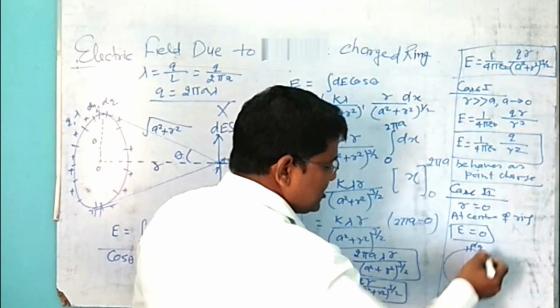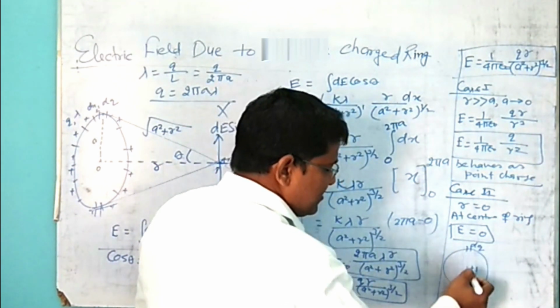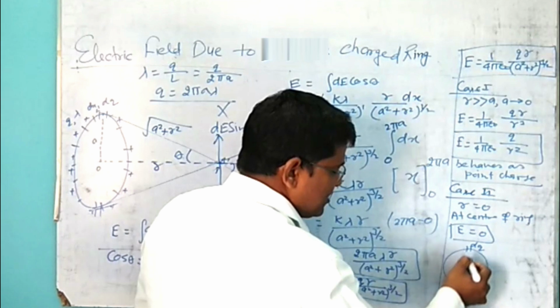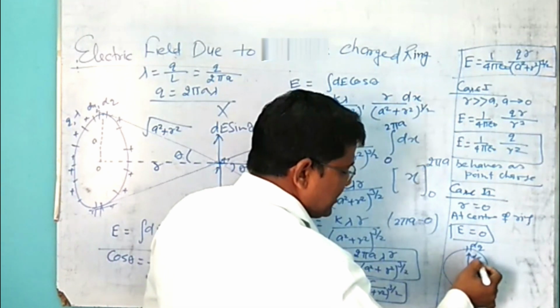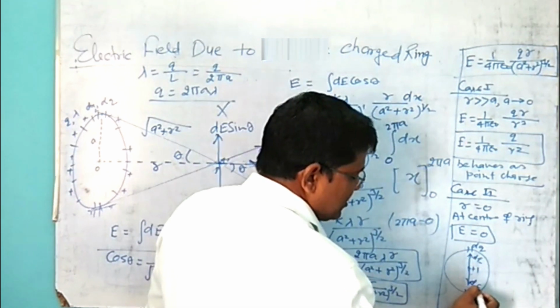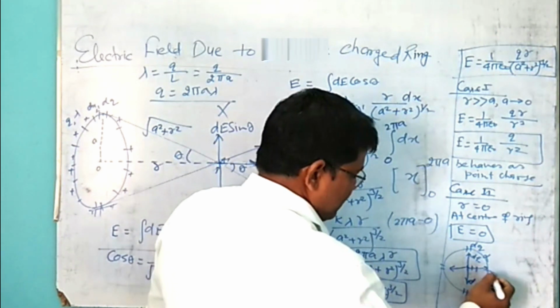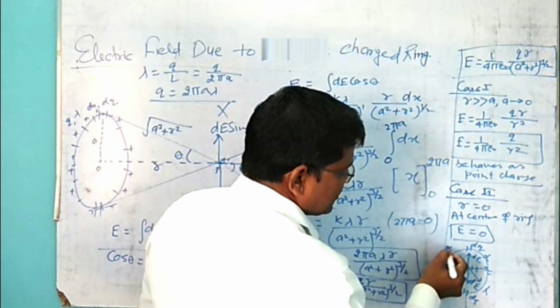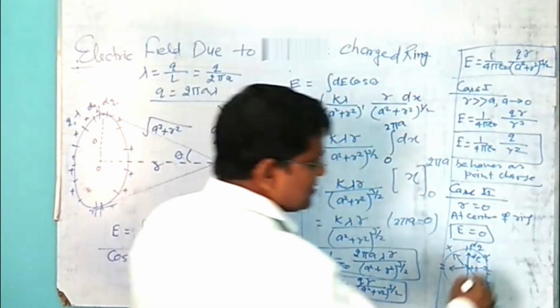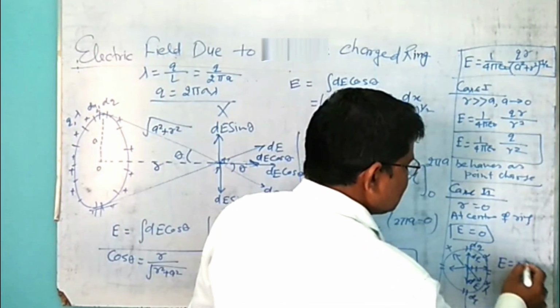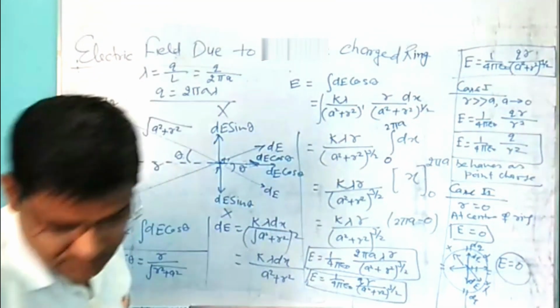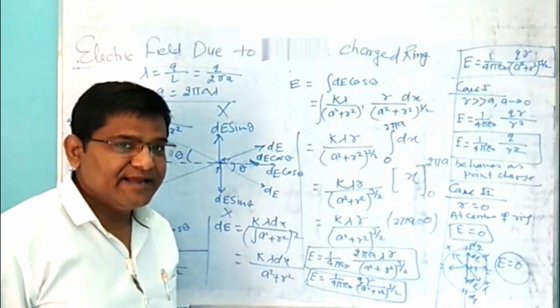Then this one is dq, this one is dq. A repulsion force is in that direction and a repulsion force in the upper direction. Both cancel out, here also cancel out, everywhere cancel out. Then the net electric field becomes 0. This is the second case.